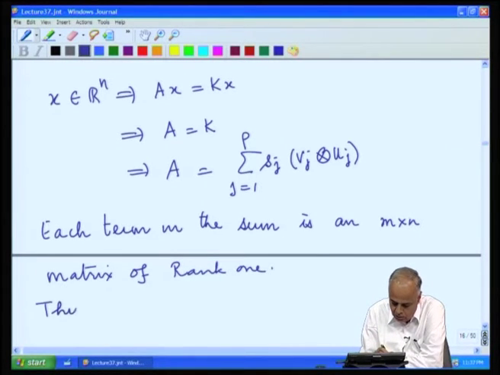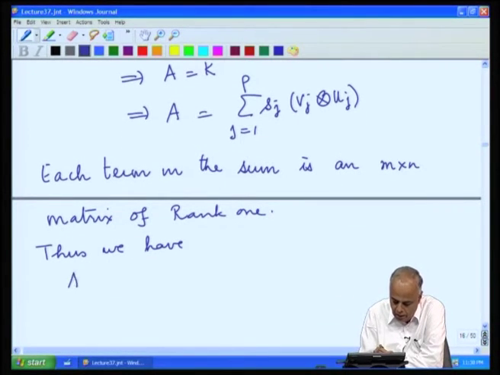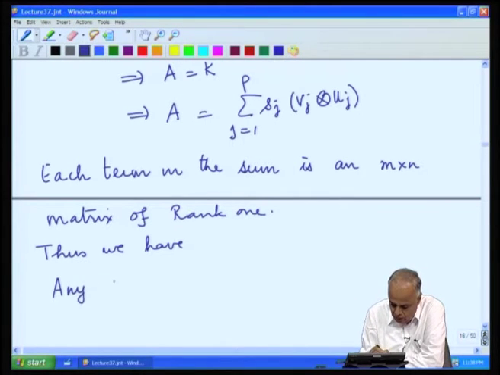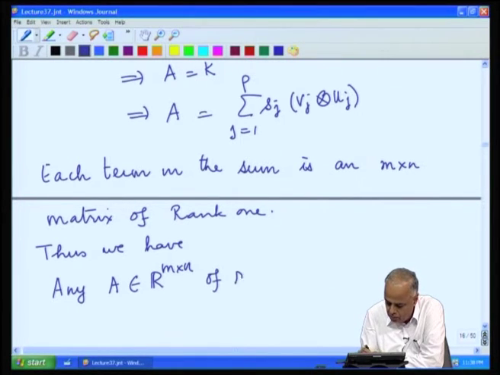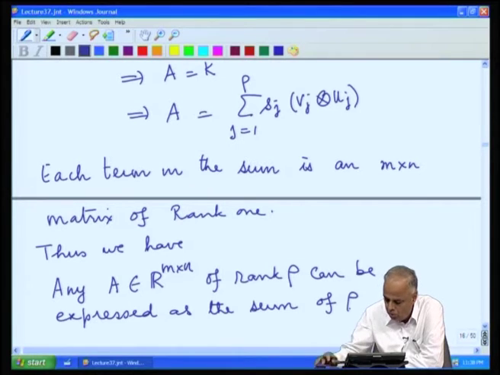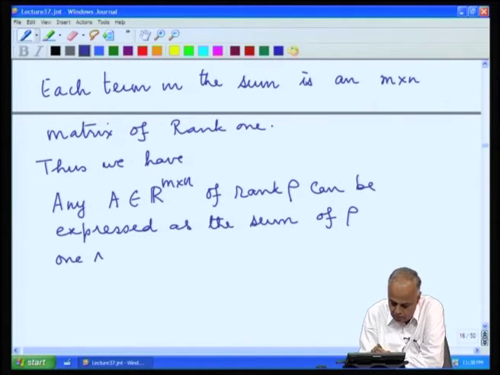So, thus we have: any A belonging to R m cross n of rank rho can be expressed as the sum of rho rank 1 m by n matrices.